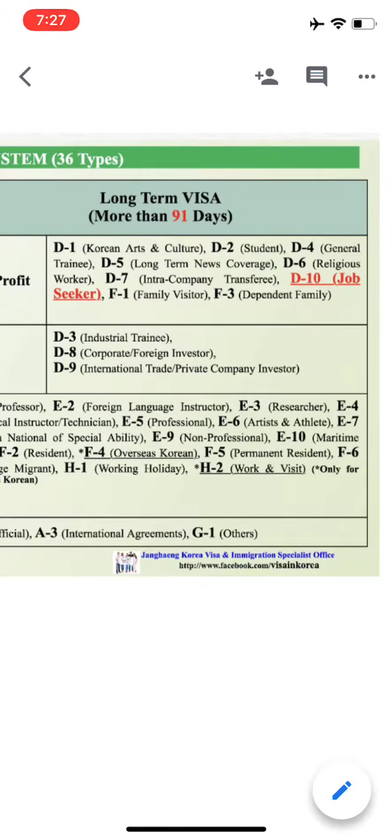D8 visa is a corporate investment and needs an investment of over 100 million won. And the D9 visa is required for an investment over 300 million won. So they cannot work for others, just work for themselves.